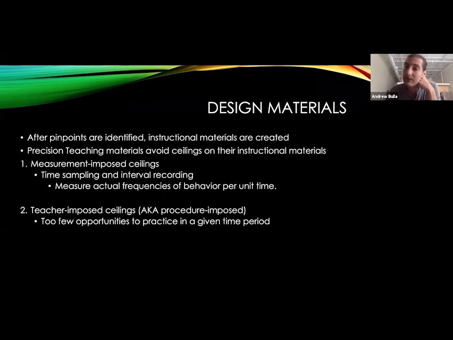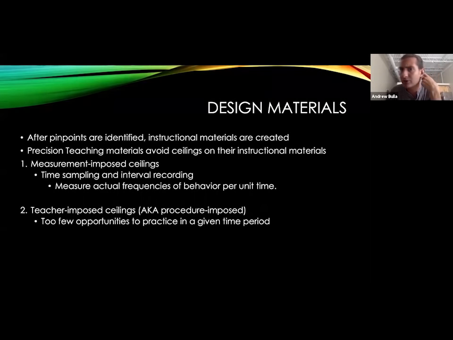Another thing, like with imitation. So if I provide only 5 imitative models during a 1-minute period, that learner can't go above 5 per minute. So I'm stalling their frequencies. Instead, I want to give them more practice opportunities than they would ever realistically be able to do in a period of time. So if it's math problems, I'm doing 120 math problems on a sheet.